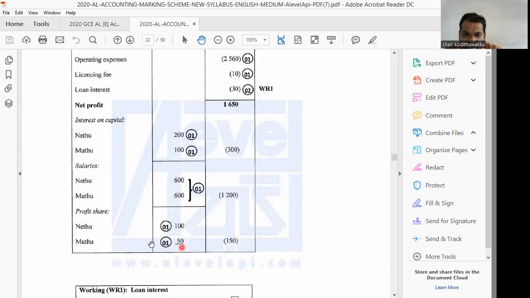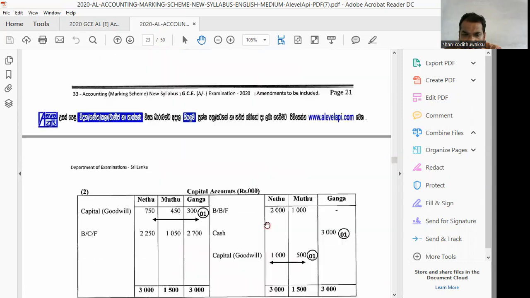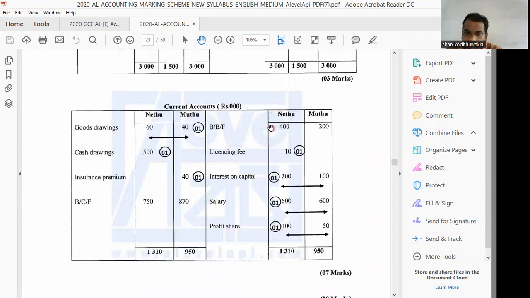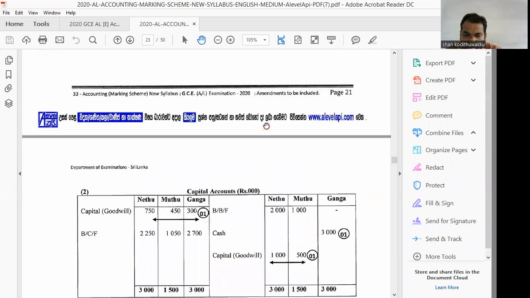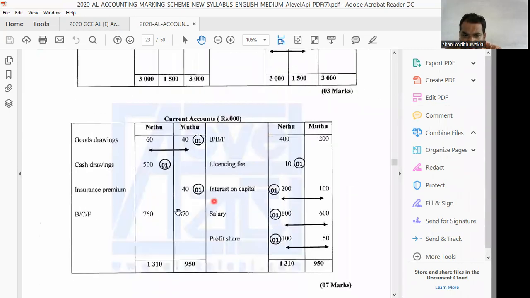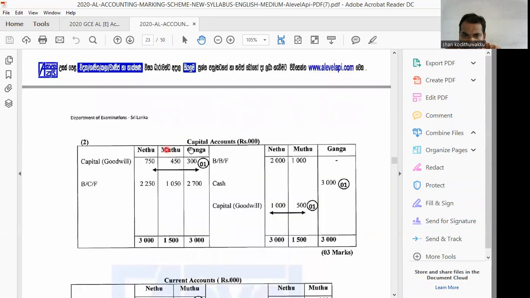The balance 50 goes to Muthu. Then you have debited here 150. You have to credit to the current account, share of profit. Profit share, Muthu. Right. Now you can balance current accounts and take the balance. With the capital accounts also, take the balance.